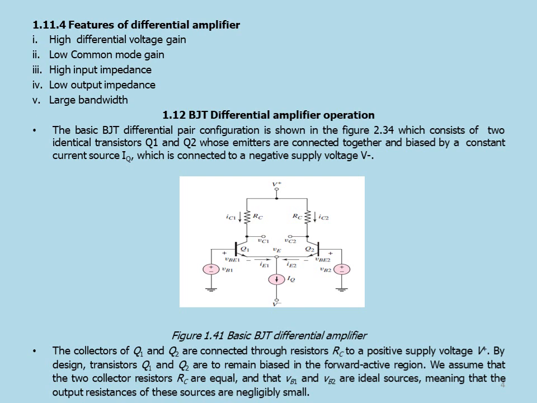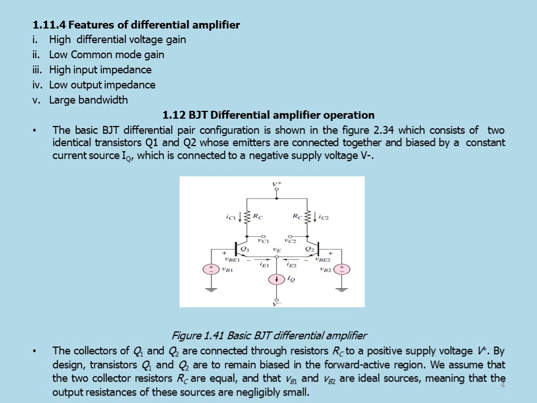Now let us see the operation of the differential amplifier using BJT. Figure 1.41 shows the basic BJT differential amplifier with two transistors connected. The two voltages VB1 and VB2 are connected to the transistors Q1 and Q2, and these transistors are biased with the DC supply voltage V plus.